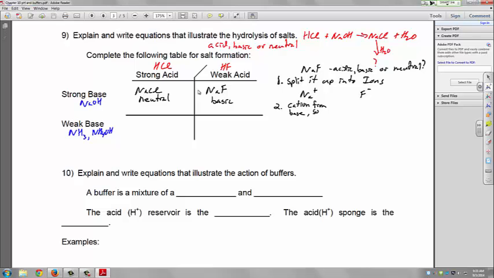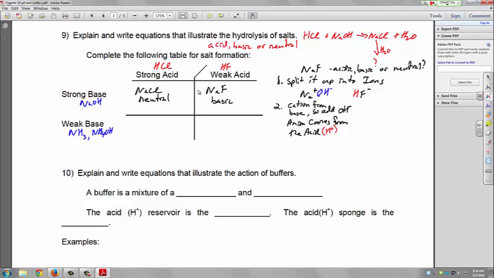So we'll add the hydroxide ion up here. The anion comes from the acid. So we'll add hydrogen ion here.